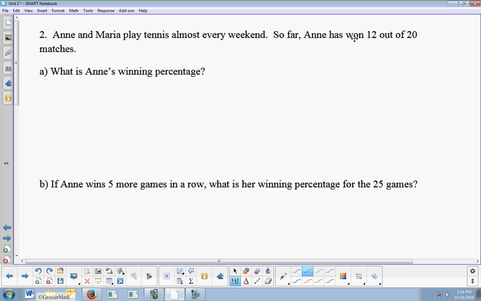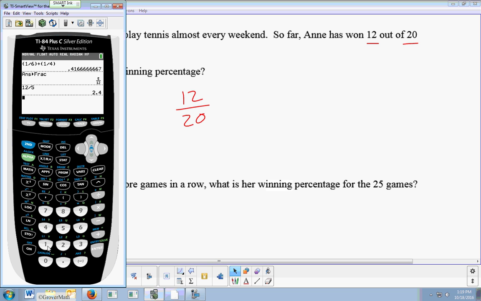It says, so far Anne has won 12 out of 20 matches. And it wants to know what is her winning percentage. So this isn't really a task over time. It's more of a percentage question. But still, 12 out of 20 is 12 out of 20. And so to do the winning percentage, I simply need to know what is 12 divided by 20. 12 divided by 20, and we get 0.6.